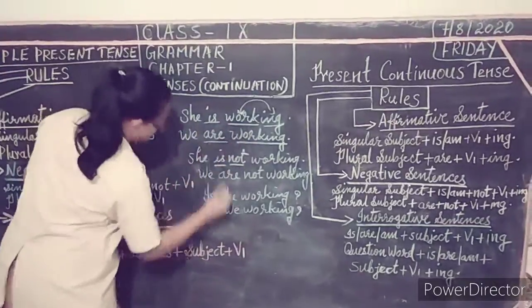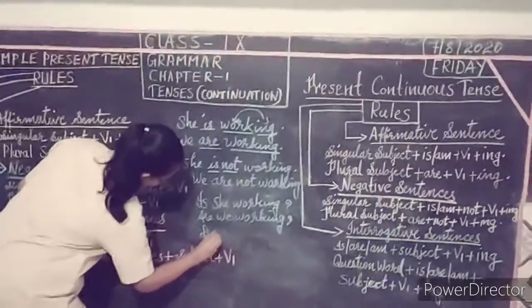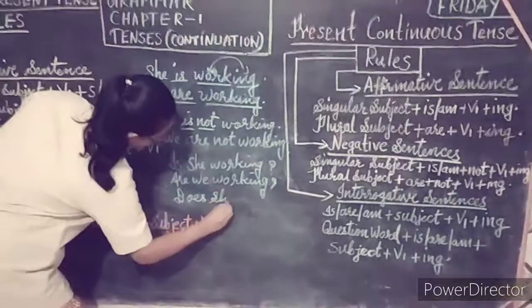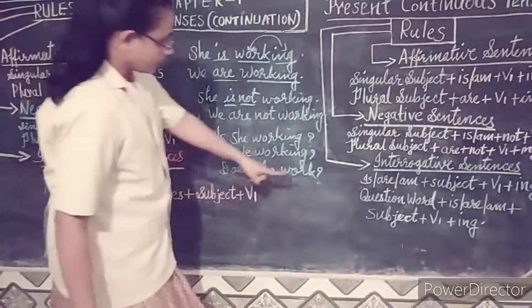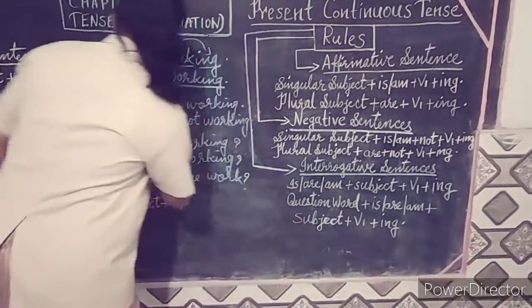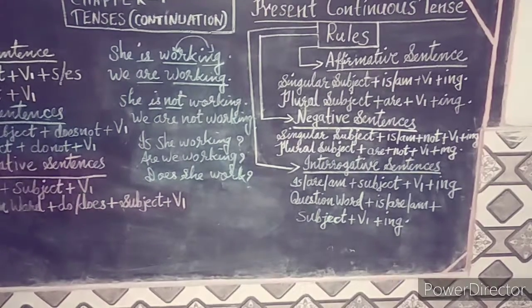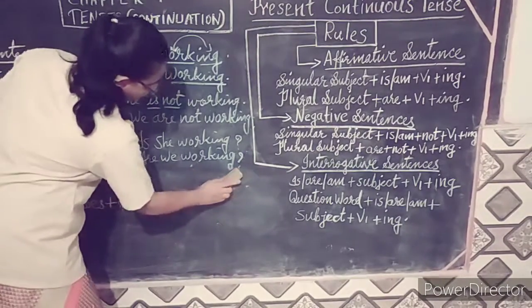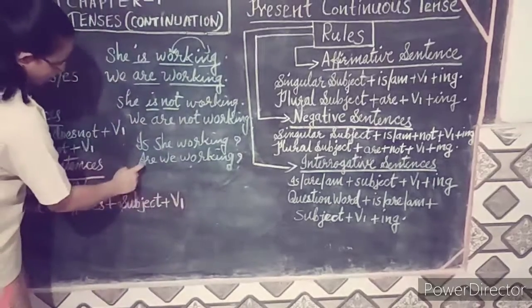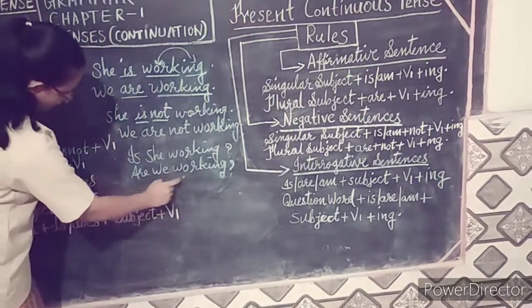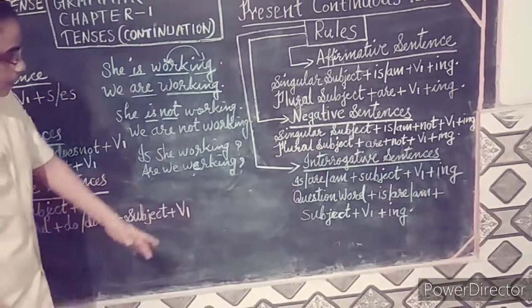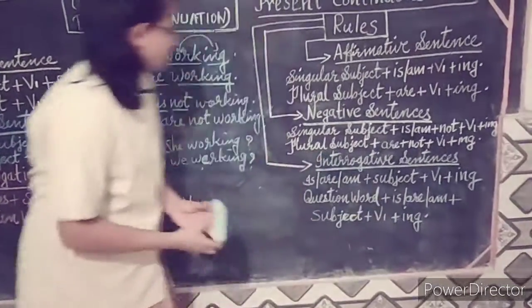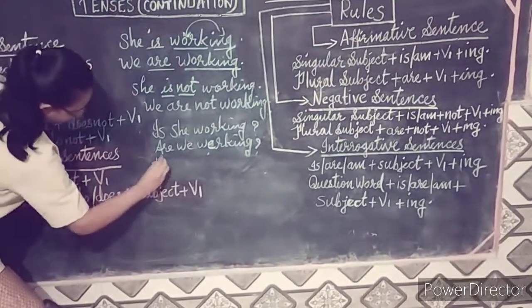If we take the sentence, Does she work? That is another category. Actually, we can do it as Is she working? Are we working? And then comes the question word, which is, How is she working?